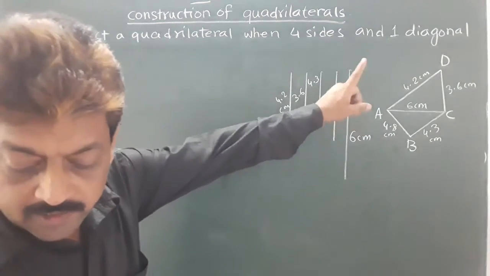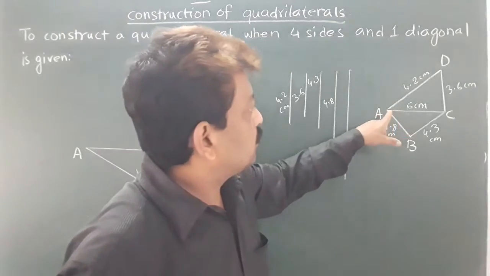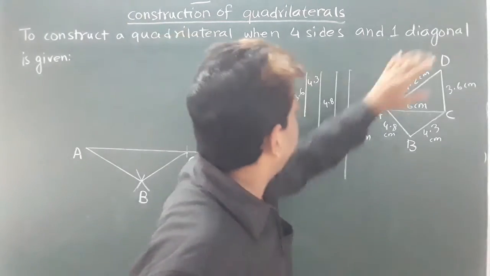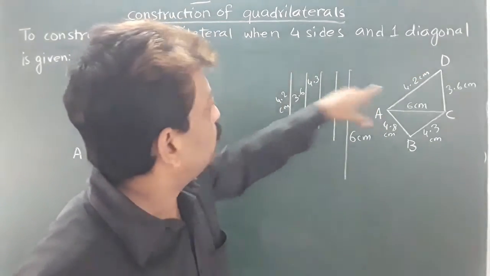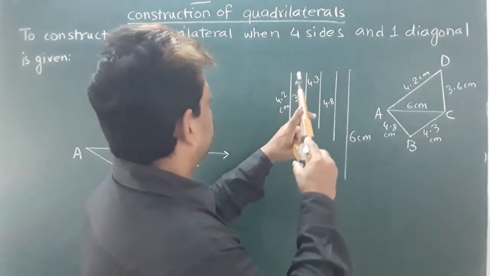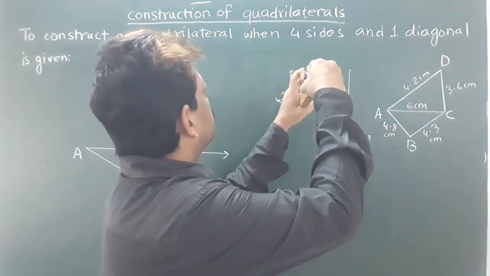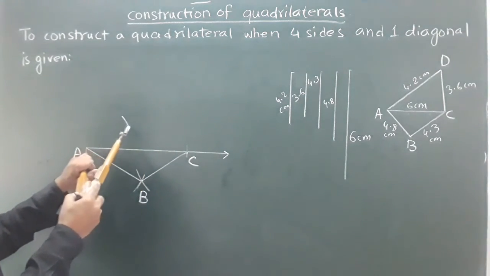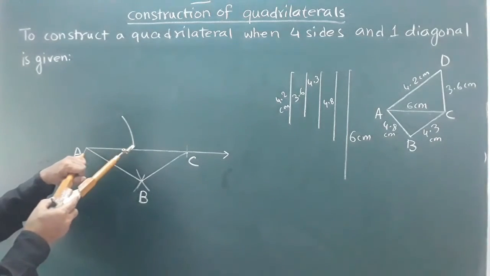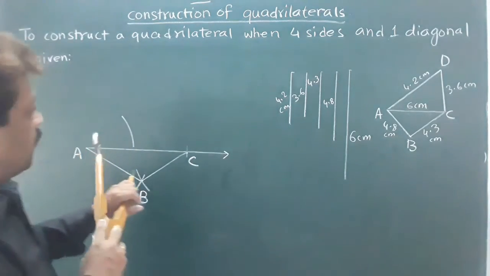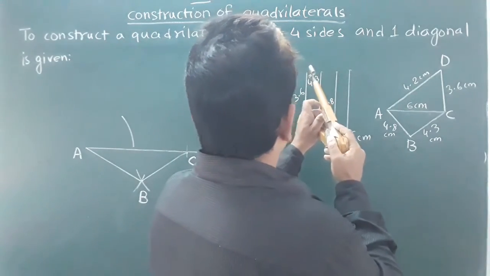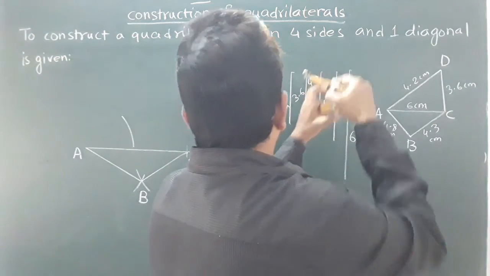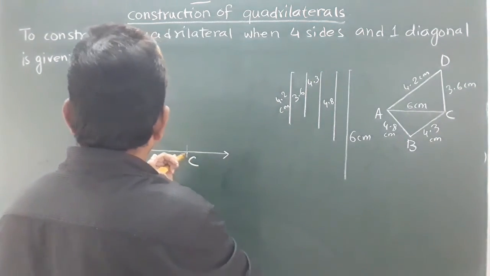Now the other triangle ADC. Above AC is the point D. So we have to construct AD first. What is AD? AD is 4.2. So let me take this measurement 4.2. Draw an arc here. And CD is 3.6, so draw 3.6.